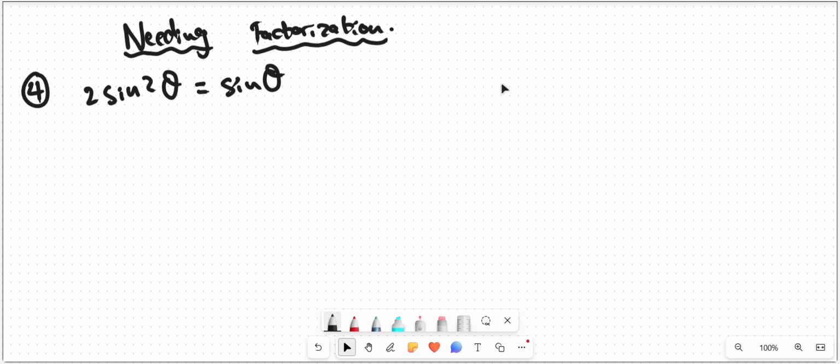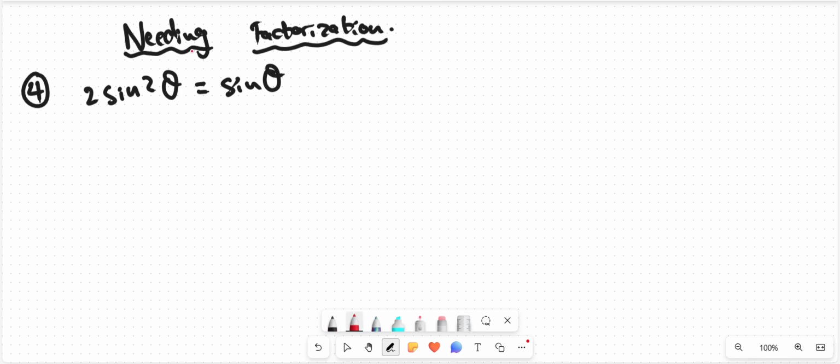Alright, so example 4 actually needs us to factorize this. And how do we notice that it's something that needs factorizing? Remember, with any quadratic equation, you drag everything onto one side. So it's 2 sine squared theta minus sine theta is equal to 0.